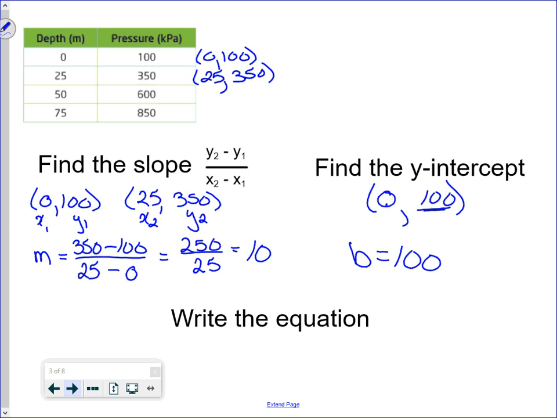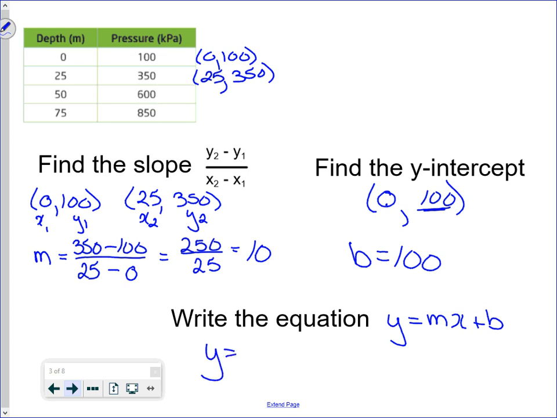Writing the equation, we want to write this in the form of y equals mx plus b. So y equals the slope times x plus the y-intercept. So I know the slope, which is m. I know the y-intercept, which is b. I'm just going to take those 2 numbers and put them into the right spot. So we want a y in our equation.